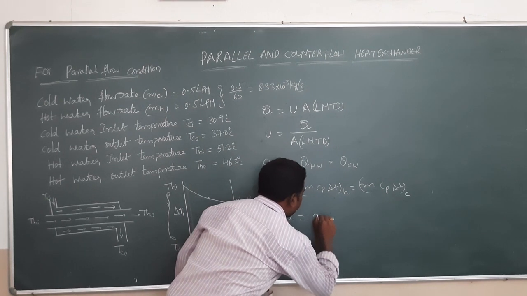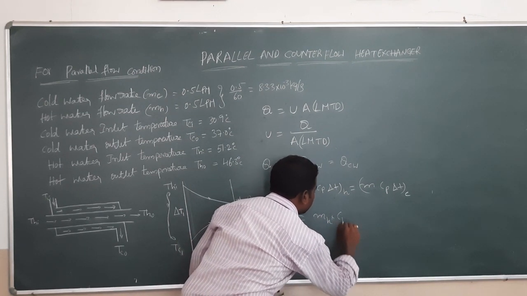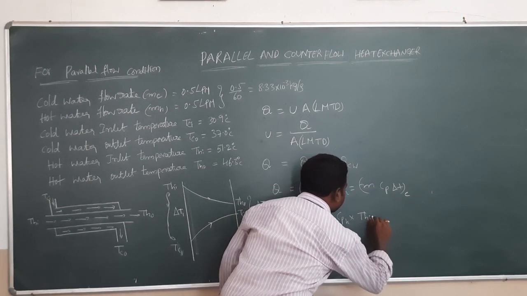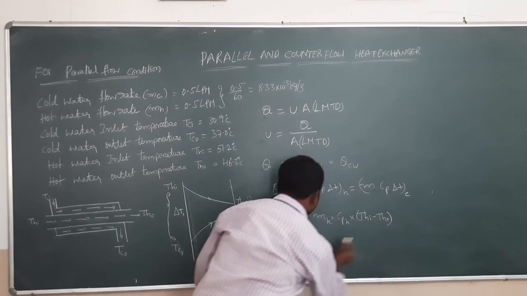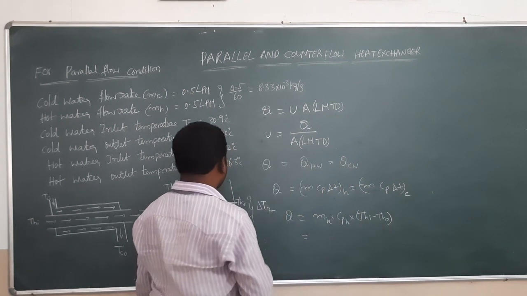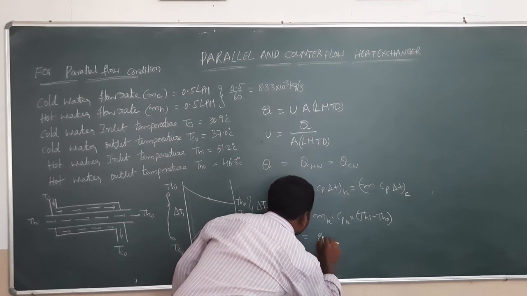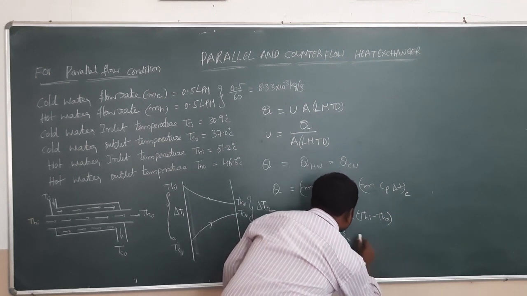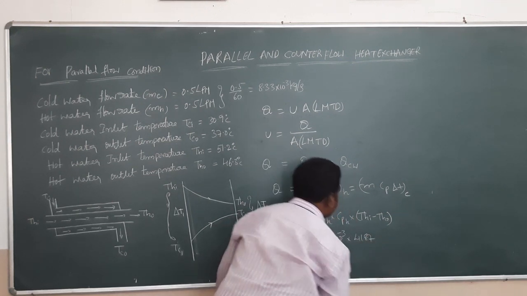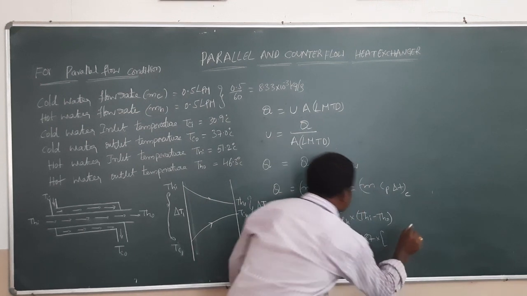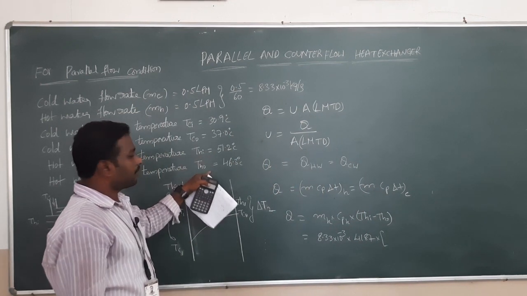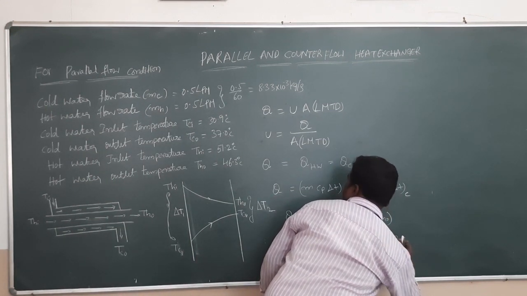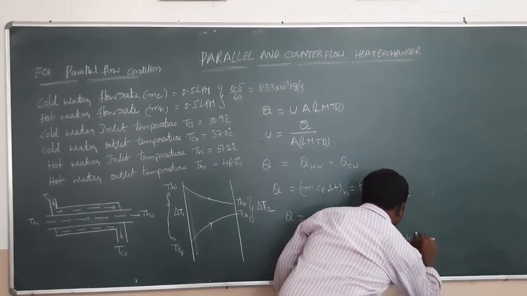Q equals mass of the hot water times specific heat of hot water times temperature difference, that means hot fluid inlet minus hot fluid outlet temperatures. Substituting the values here: mass of the hot water is 8.33 × 10^-3, specific heat of hot water is 4187 joule per kg degree centigrade, temperature of hot water inlet and hot water outlet 51.2 minus 46.3.